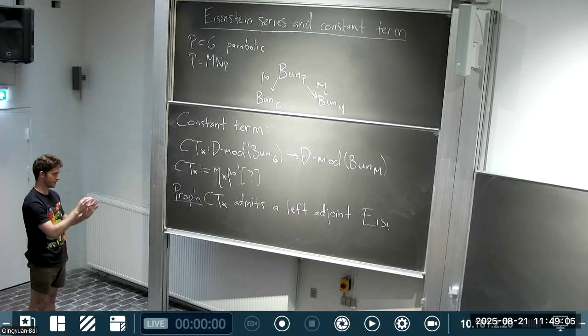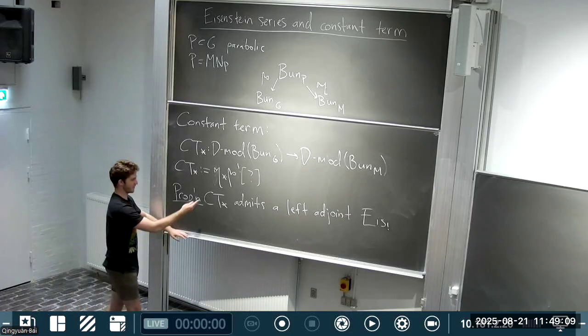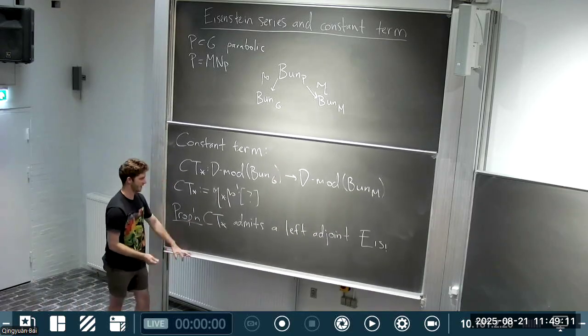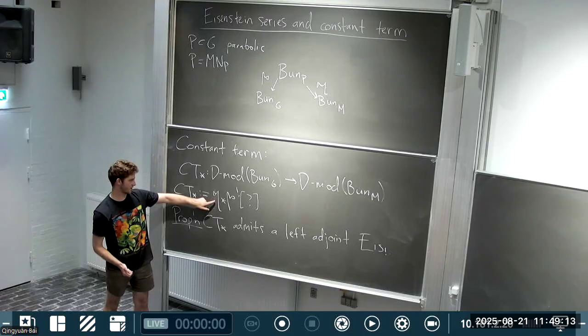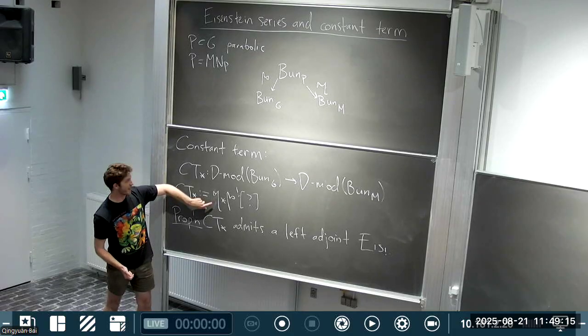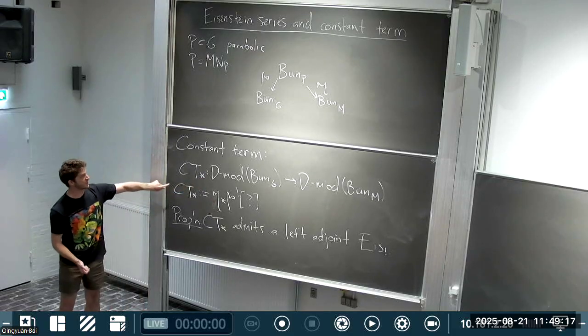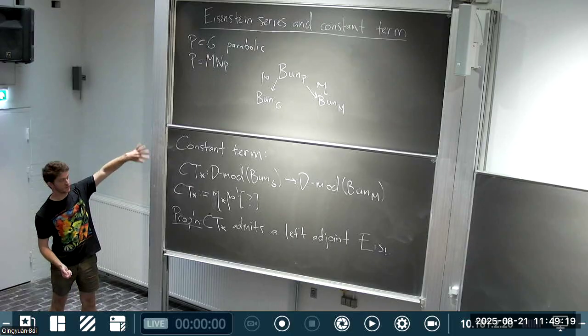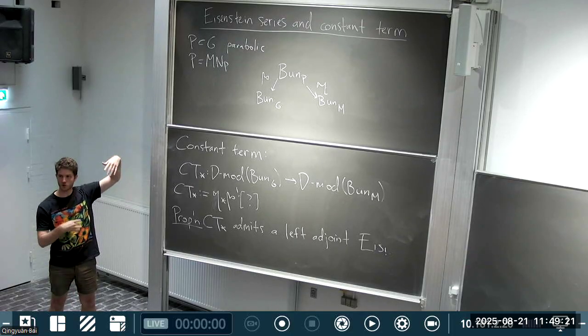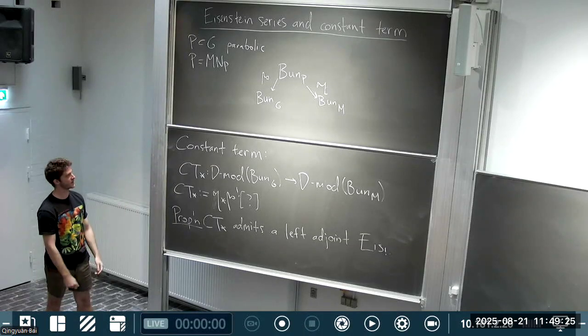And this is not at all clear, because if you think about the left adjoints of these functors, first of all, for q lower star, the fact that it has a left adjoint is easy, because this projection from Bun P to Bun M is smooth, in the sense of stacks. The fibers look like Bun N, so they're smooth Artin stacks.